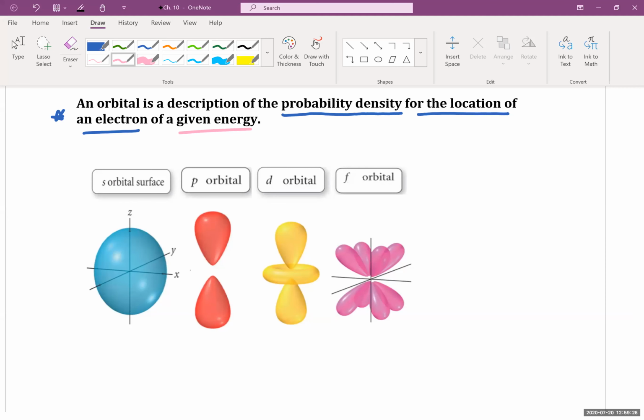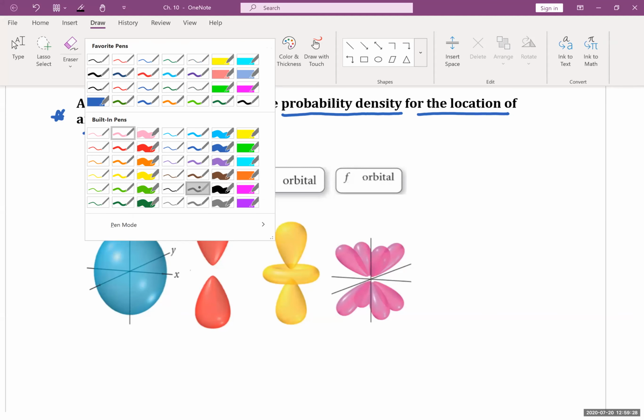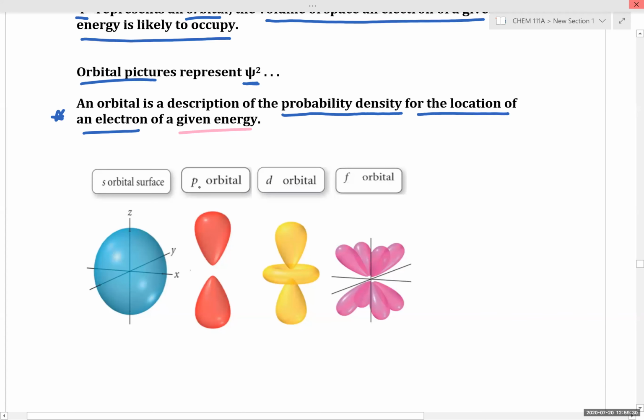Okay, so for an electron of a given energy, where is that electron likely to be located? Not will it be located, but where is it likely to be located? So somewhere in this region of space, for example, an electron is likely to be found.